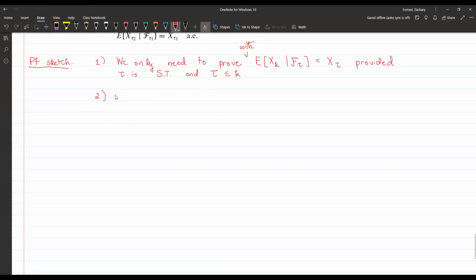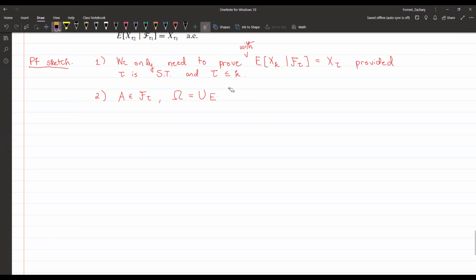What we do is we say that A is going to be a member of the stopped sigma algebra, and we're going to observe that omega can always be written as a disjoint union of sets E_j, or E_n.